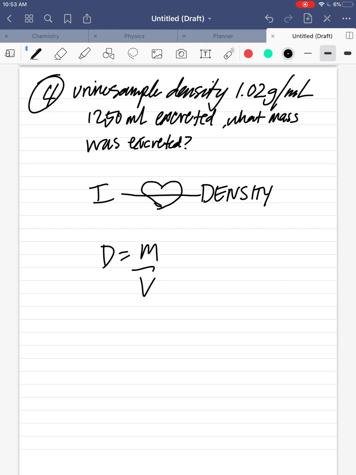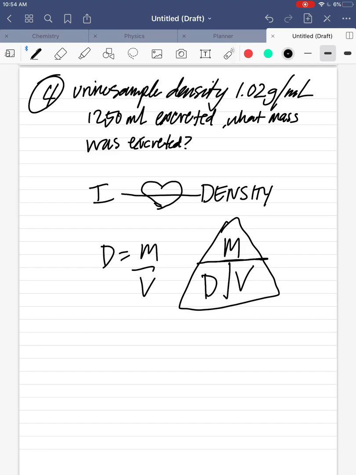All right, so when you've got a formula triangle like this, mass is at the top because it's on the top side of the fraction. If you're trying to find density, you take your finger and cover up density, and you see what's left.